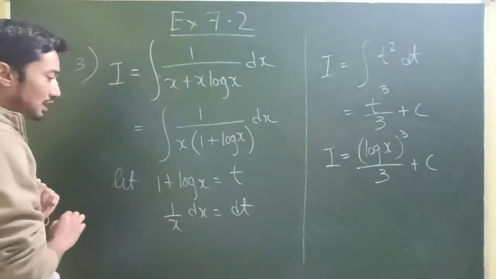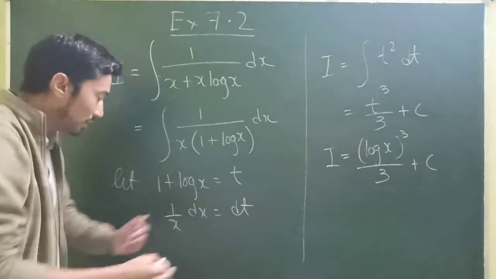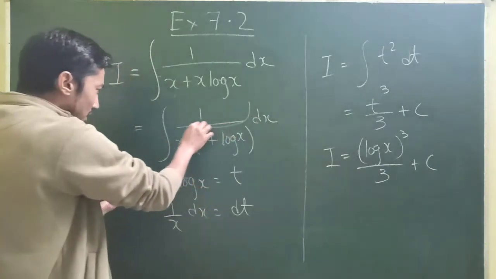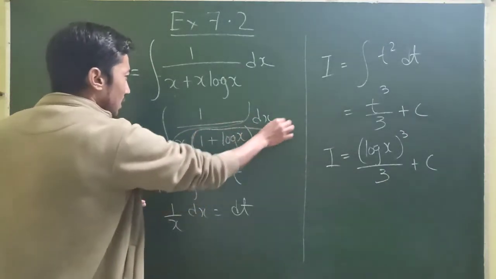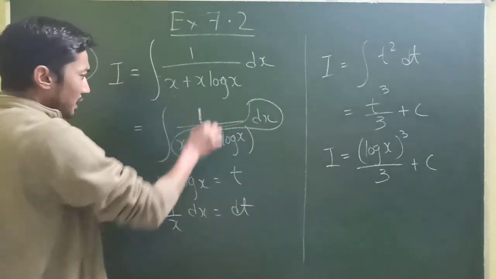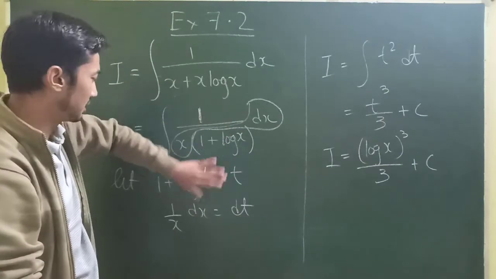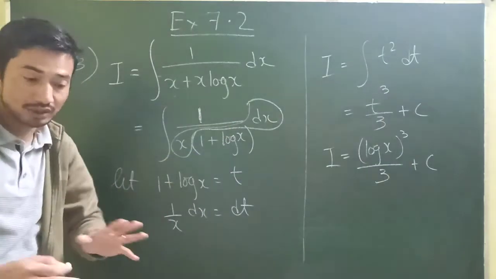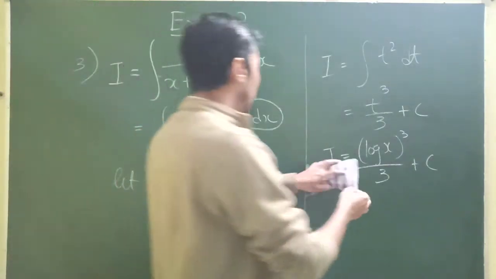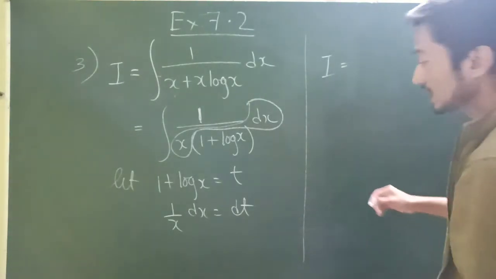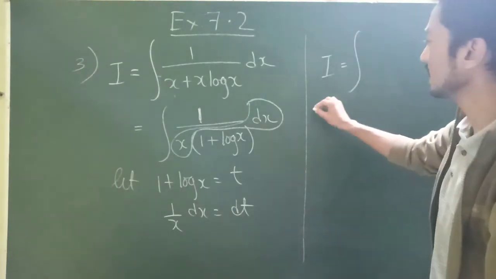So now if you see there, I think this is okay. Deriving with respect to x, I'm reducing 2-3 steps. So you can see that (1 by x) dx is dt. This is why I'm saying differentiation plays a very key role.